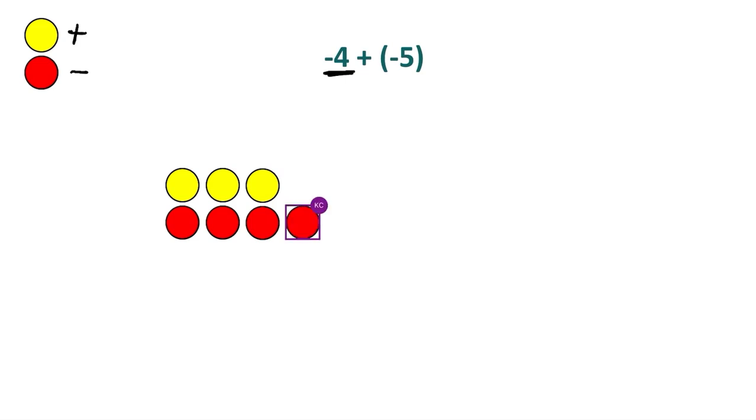Each counter represents a negative number. Right, so we're adding 4 of those, and that represents -4.